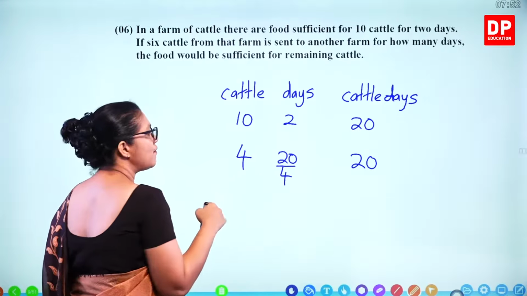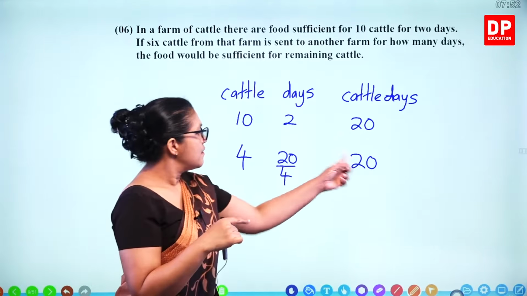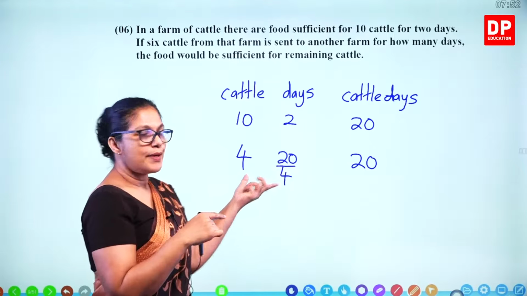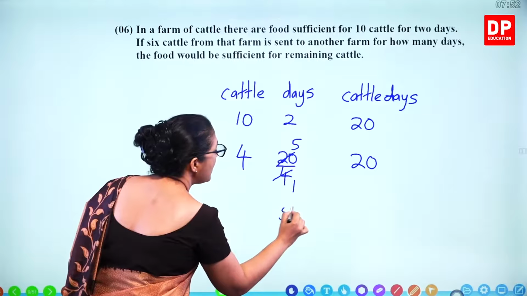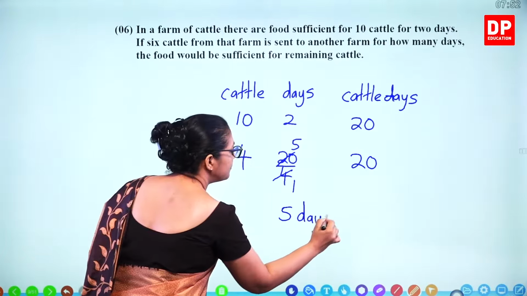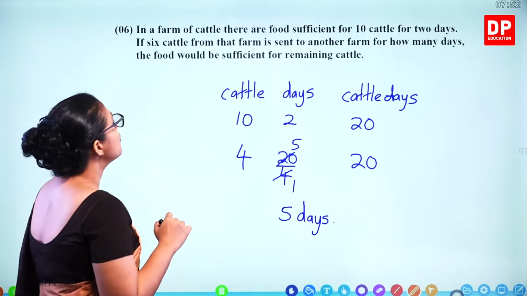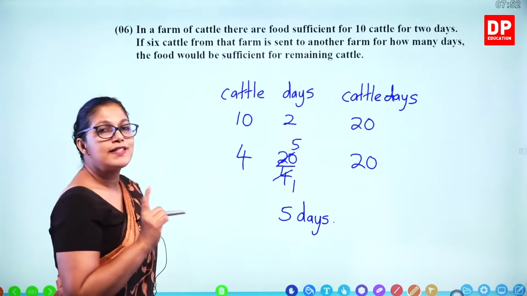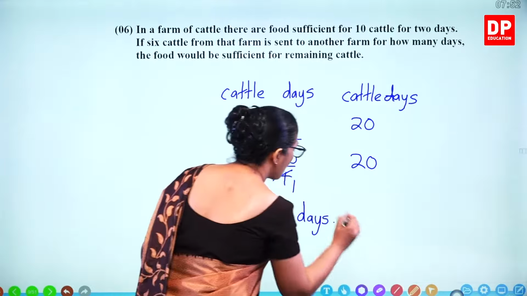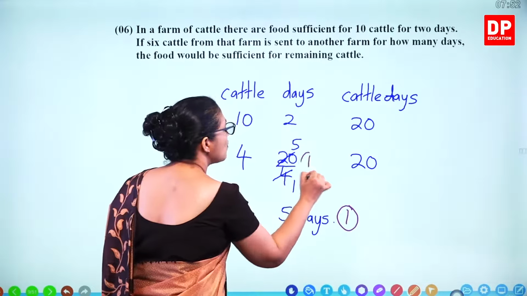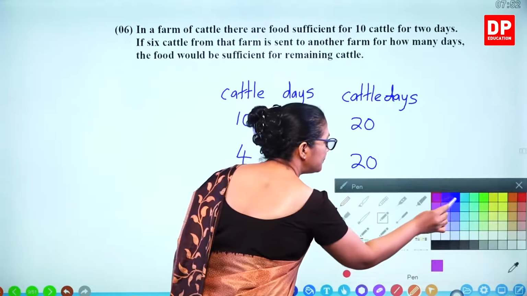So 20 divided by 4 gives the other number. 4 times 5, so 5 days. For 5 days, the food is sufficient. So 2 marks, 1 mark here for the answer, 1 mark for the method.